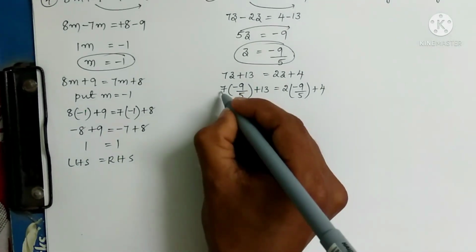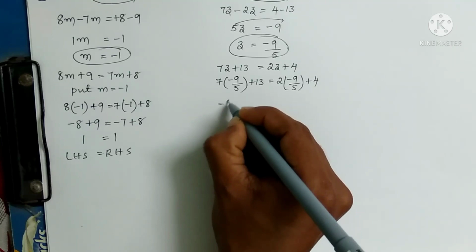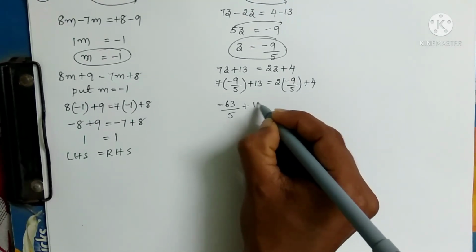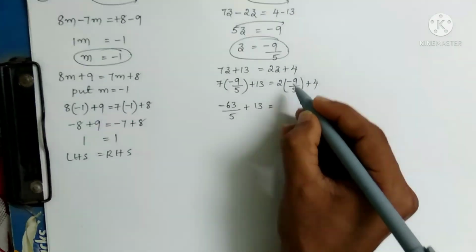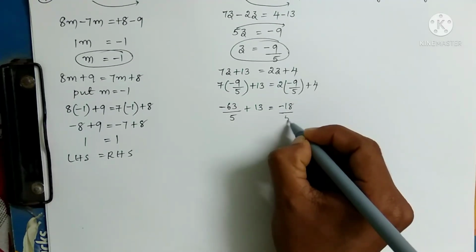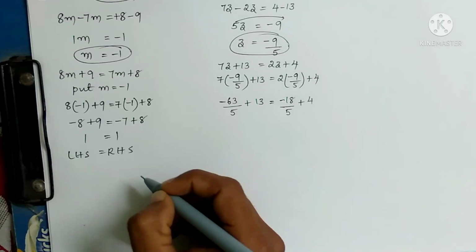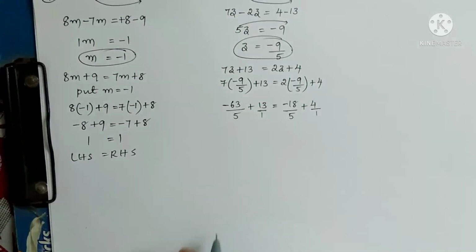So 7 into minus 9 is minus 63 by 5 plus 13, which is equal to 2 into minus 9 is minus 18 divided by 5 plus 4 as it is. So this 13 can be written as 13 by 1 and 4 can be written as 4 by 1.